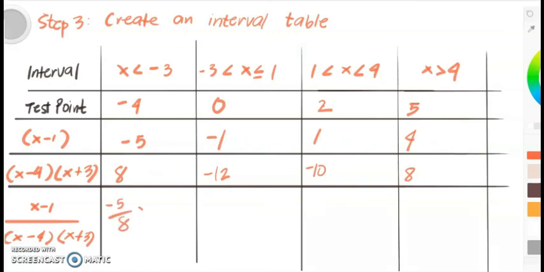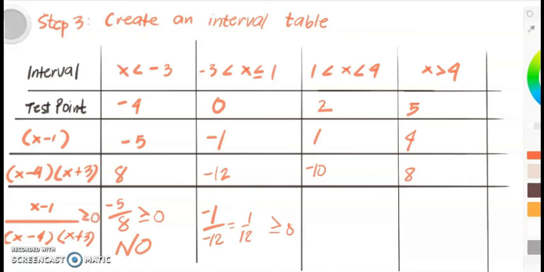So is this greater than or equal to 0? No, it's not. We have negative 1 over negative 12, which is 1 over 12. Is this greater than or equal to 0? Remember that our rational inequality was x minus 1 over x minus 4 times x plus 3 greater than or equal to 0.